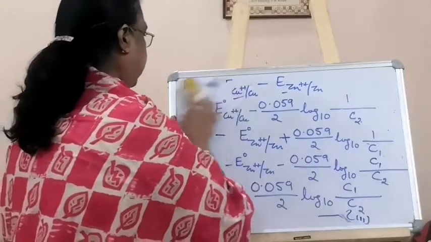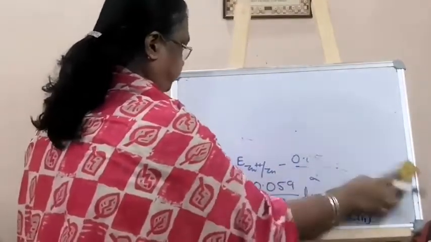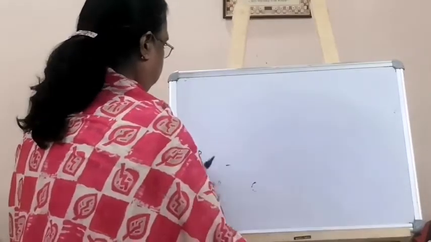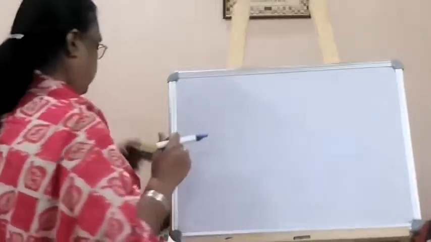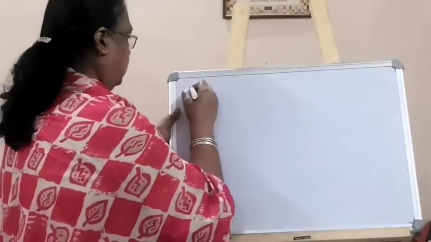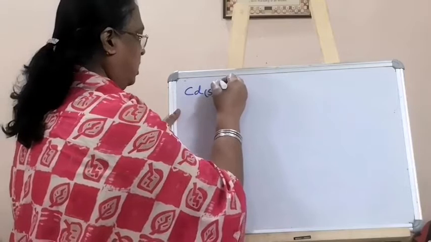Now the second application, when the valency of the metals in the two half cells or two electrode assemblies is not the same. So I give you an assembly, cadmium, which is also a common one.